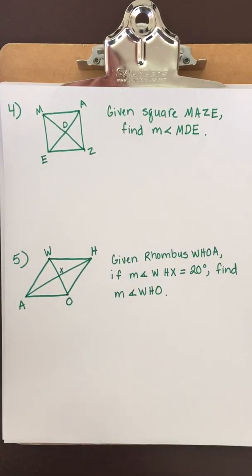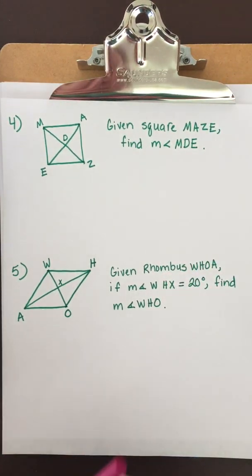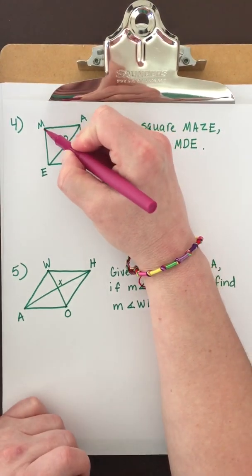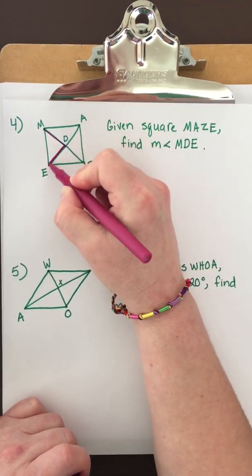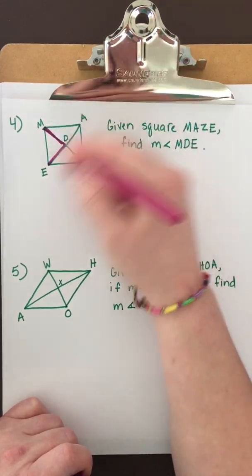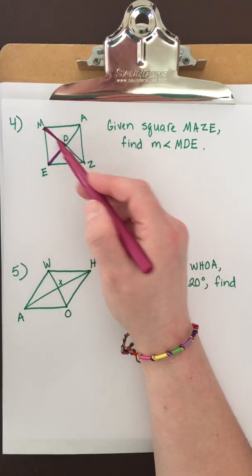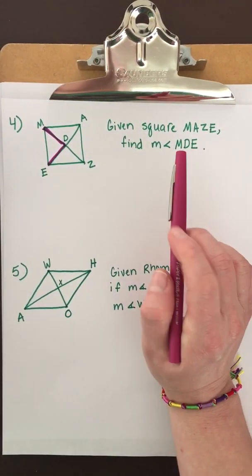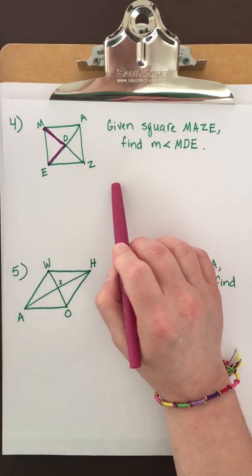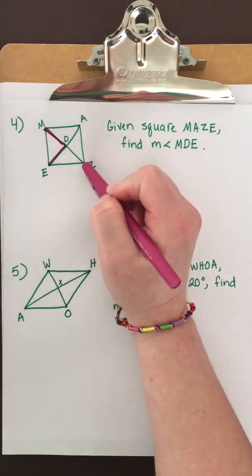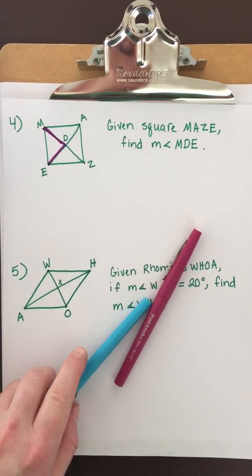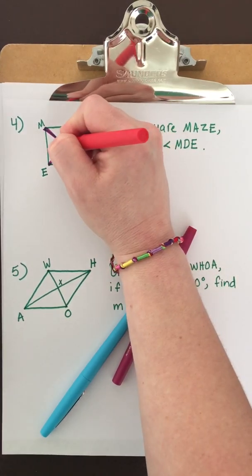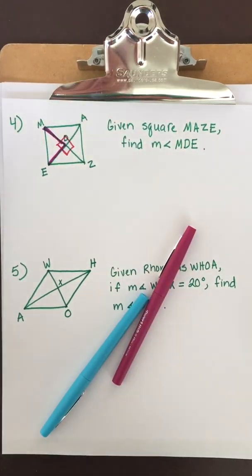All right, it says, given square MAZE, find the measure of angle MDE. So let's look over here, MDE. We have the diagonals of a square, and it wants to know what this angle is going to be. Well, we had a theorem that said the diagonals of a rhombus and a square are perpendicular to each other. So I know that where the diagonals intersect, I have 4 right angles.